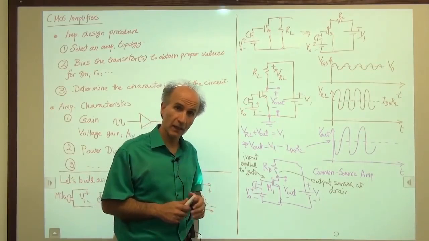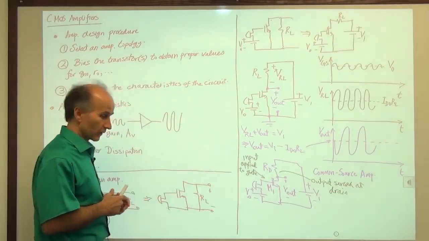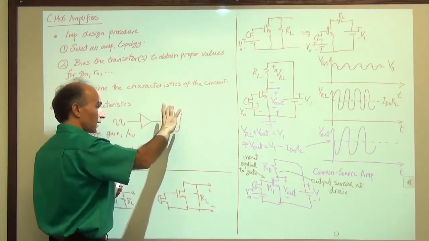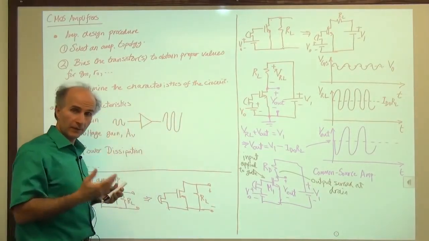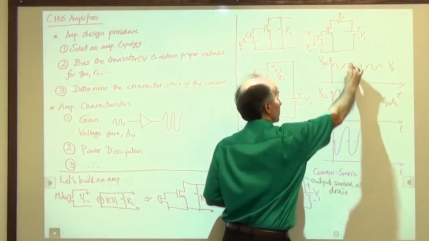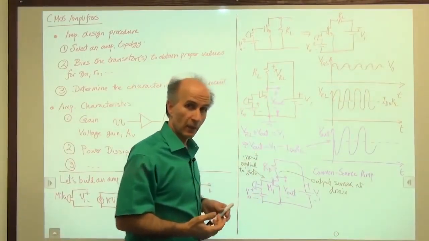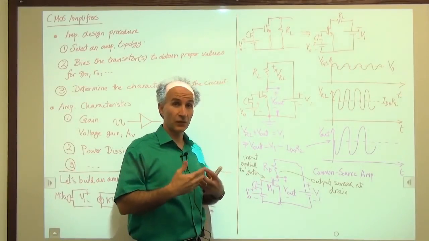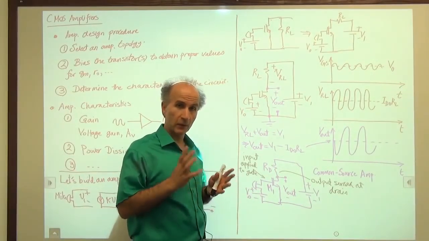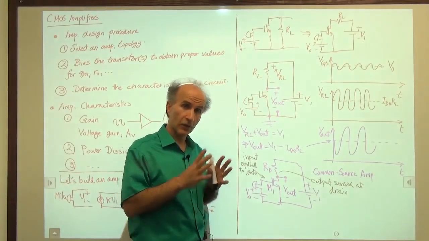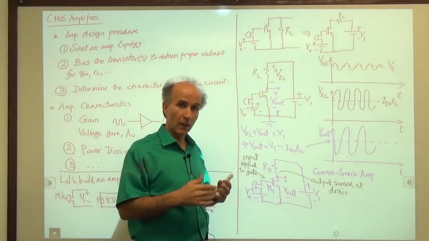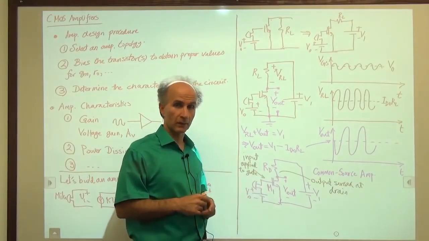Again, voltage gain relates to changes in the voltages, right? We have some change at the input, we have some change at the output. This change represents the gain. It's like this, right? This change divided by this change gives us the gain. So because we are interested in changes, we draw the small signal model. More precisely, because we are interested in small changes in the currents and the voltages and the signals, we are allowed to draw the small signal model.